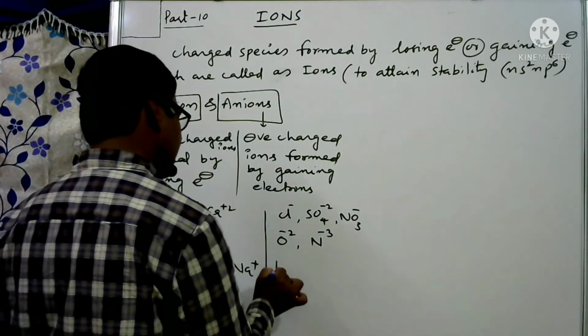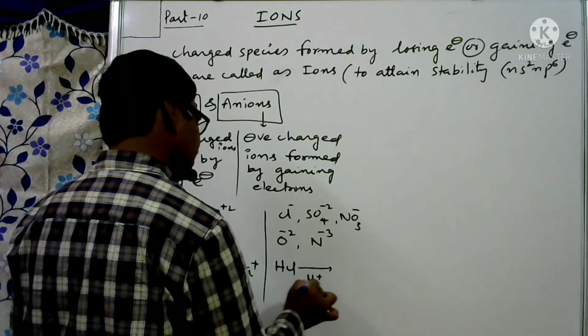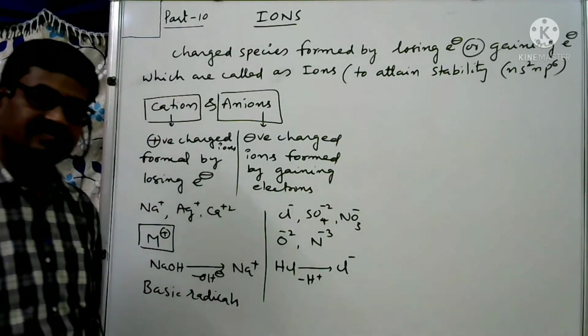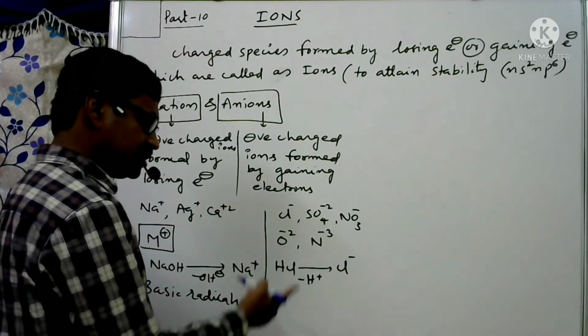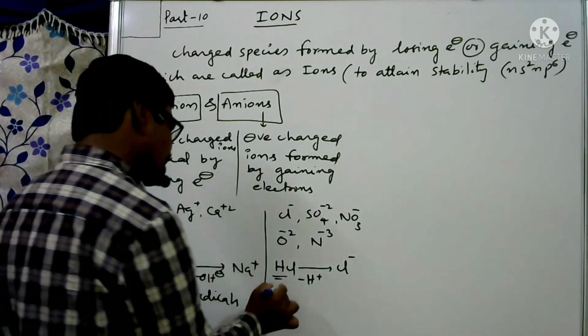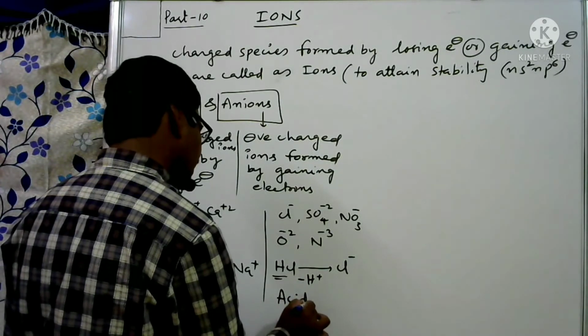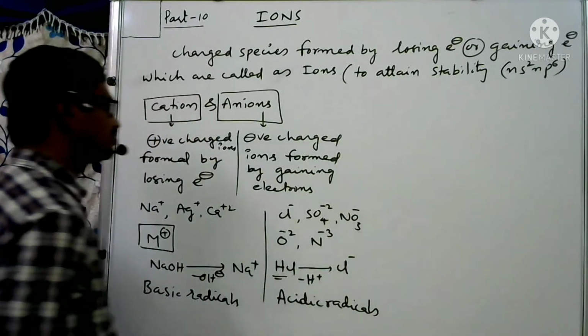For example, if you take HCl, it is an acid. After losing H+ ion, we get Cl-. Cl- is an anion formed from acid, so anions are called acidic radicals. Remember these terms.